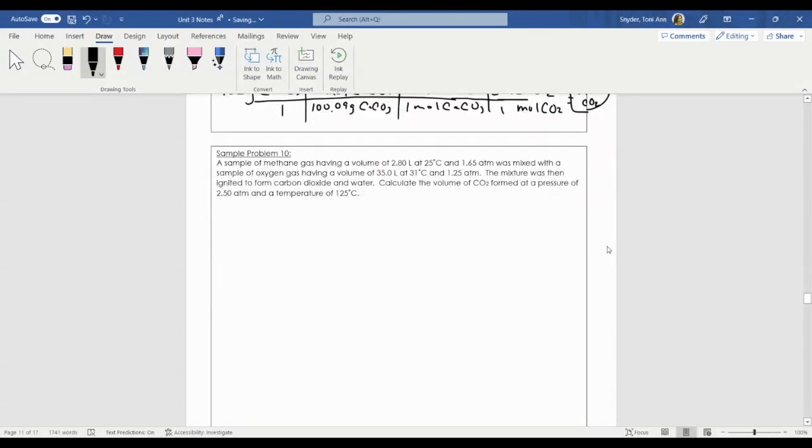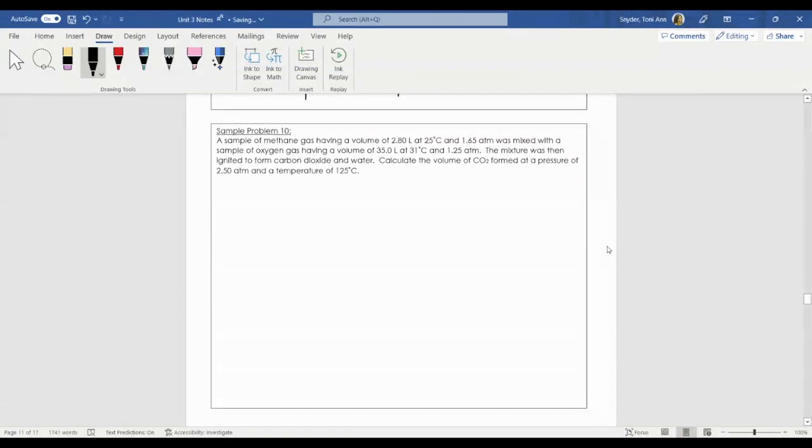Let's take a look at 10 here. Oh, this is a good one. So 10 says a sample of methane gas having a volume of 2.80 liters at 25 degrees Celsius and 1.65 atmospheres was mixed with a sample of oxygen gas having a volume of 35 liters at 31 degrees Celsius and 1.25 atmospheres.